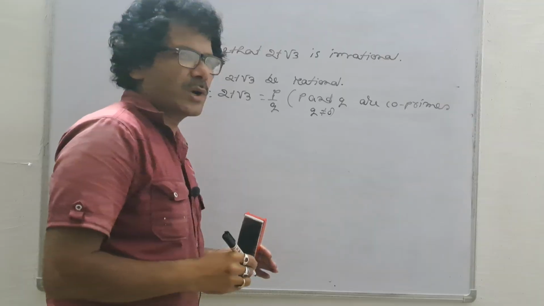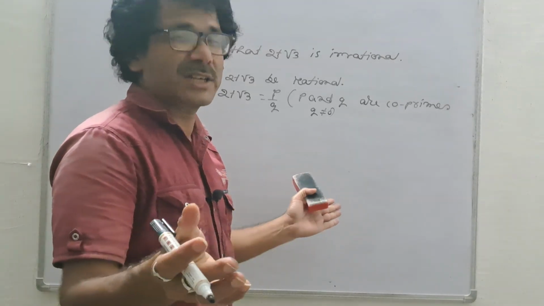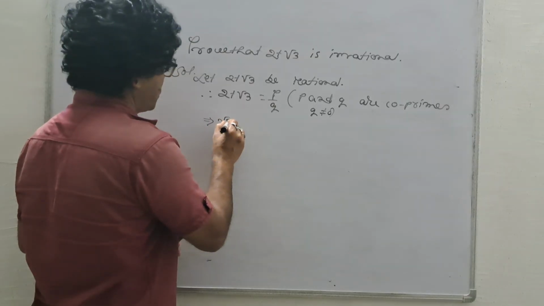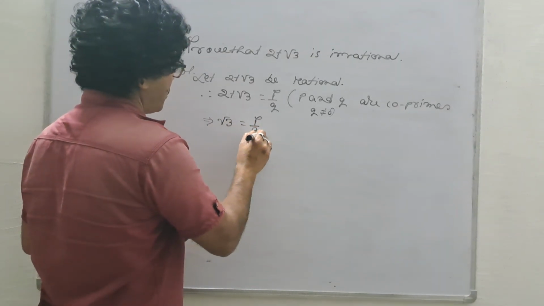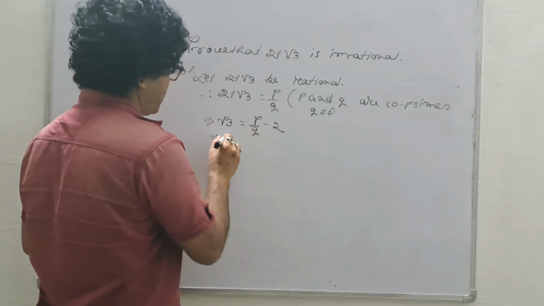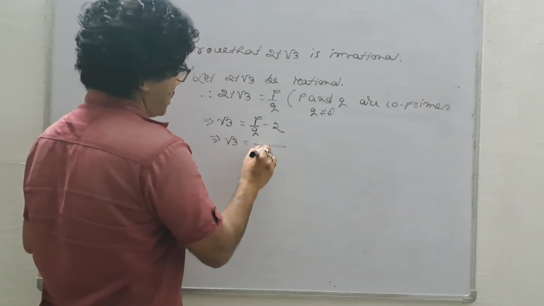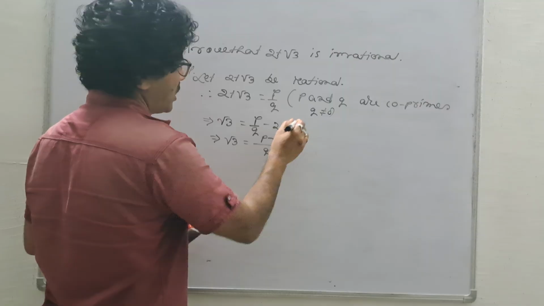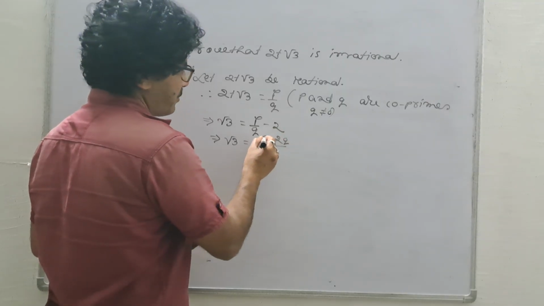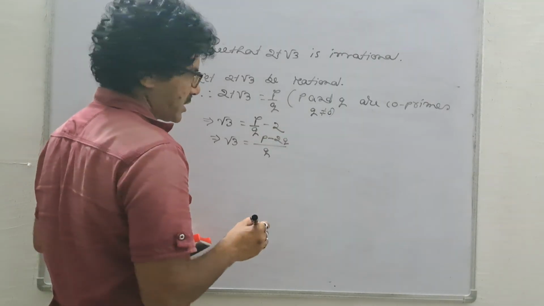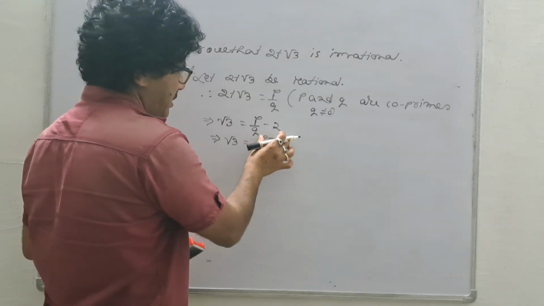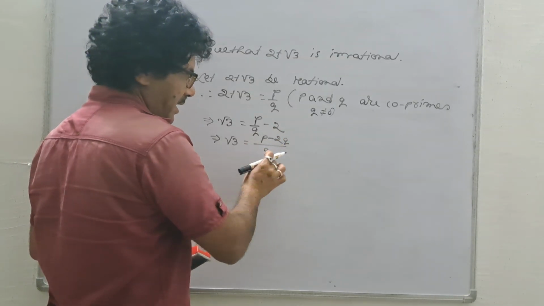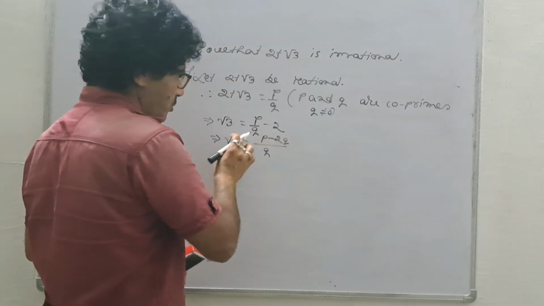Therefore root 3 is equal to P by Q minus 2, which means root 3 is equal to (P minus 2Q) by Q. Since P and Q are integers, P minus 2Q is also an integer, and Q is also an integer. So this is of the P by Q form, so this is a rational number, and this is equal to root 3.